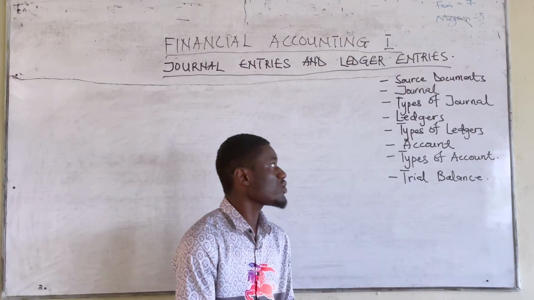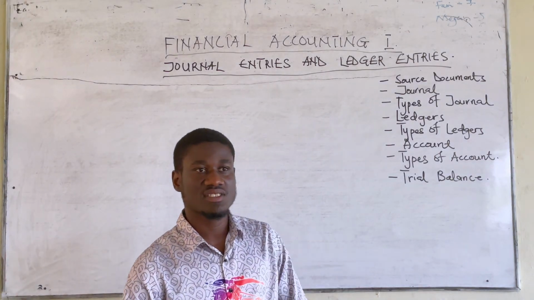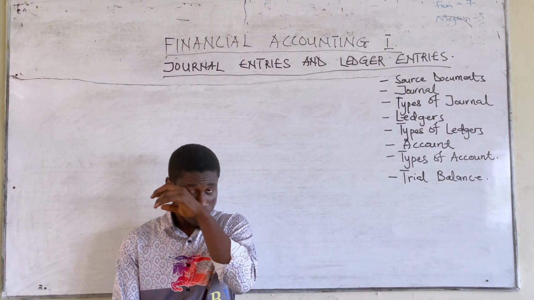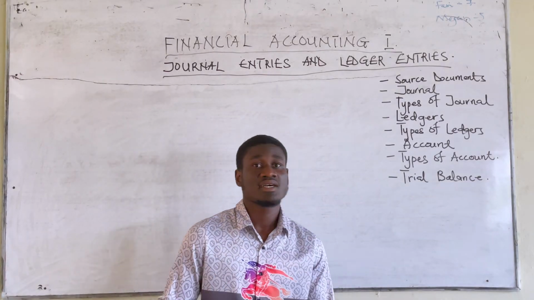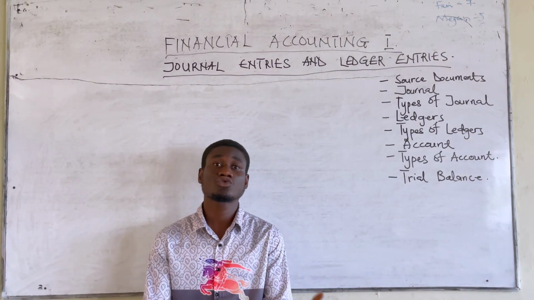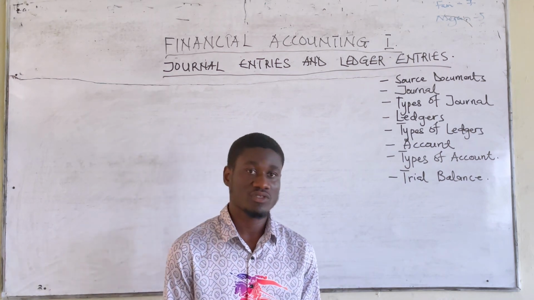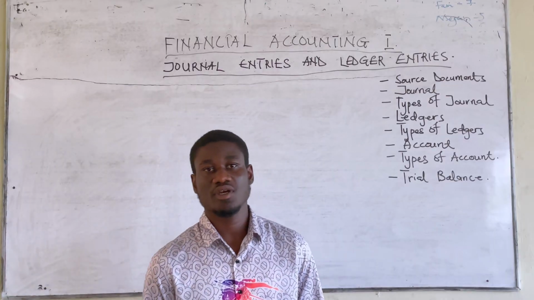Good. So with the cash book, we have three types. We have the single column cash book, we have the double or two column, and we have the three column cash book. So with the single column cash book, it is used to record the payment of cash and the receipts of cash. You get it? Receipts and payment of cash.